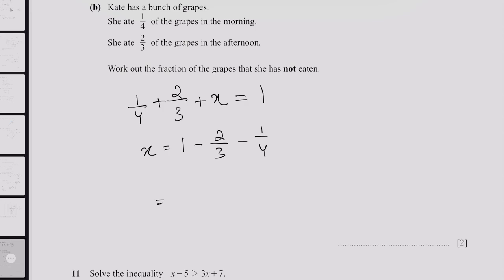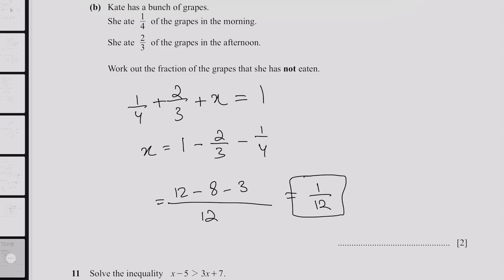If we take the LCM, the LCM will be 12. So this becomes 12 minus, 3 fours are 12, so 2 fours are 8, minus 4 threes are 12, 3 ones are 3. So 12 minus 8 is 4, 4 minus 3 is 1. So this is 1 over 12. This is the fraction of grapes she has not eaten yet.